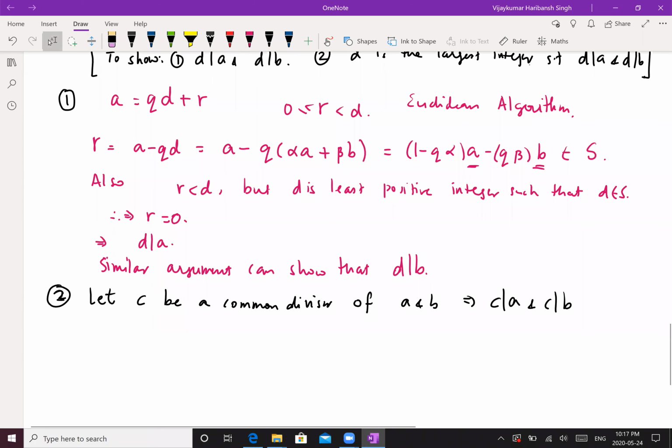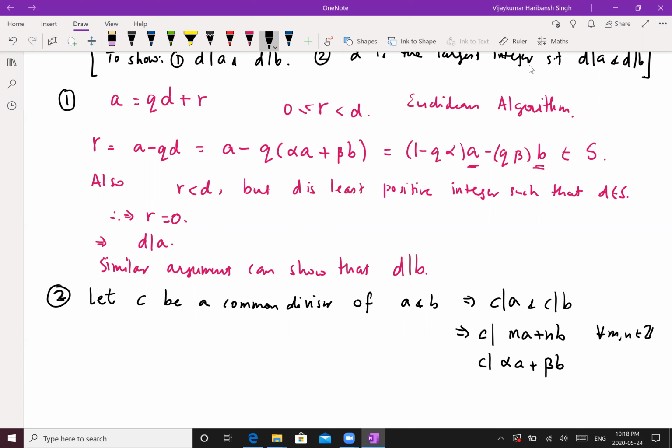But if c divides a and c divides b, we have already proved that c divides any linear combination of them. That means c divides ma plus nb for all m and n belonging to Z. In particular, c divides it when m is alpha and n is beta.